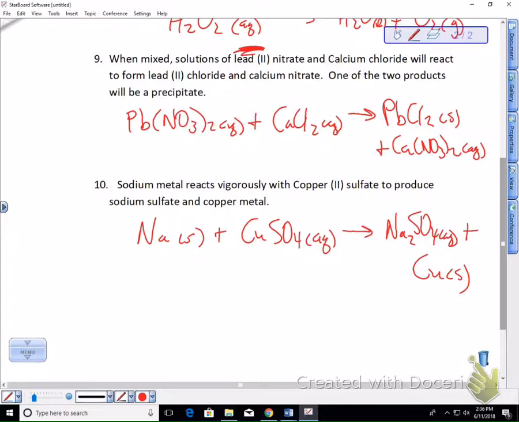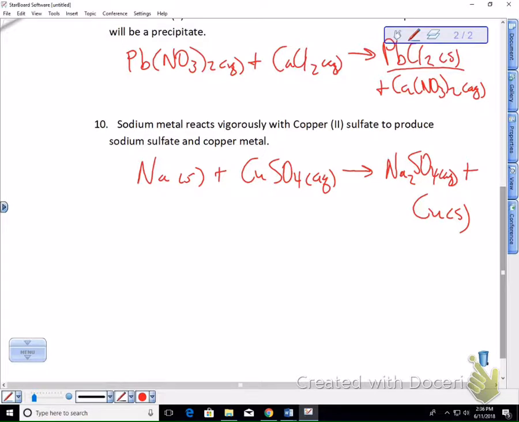Number 9 is a precipitation reaction. So you had to figure out that PbCl2 was a solid, so that was important for that one. And then lastly, number 10, I could have given you a little bit better instruction here, looking back on it. This has to be in solution, so I should have put the word solution of copper 2 sulfate there.